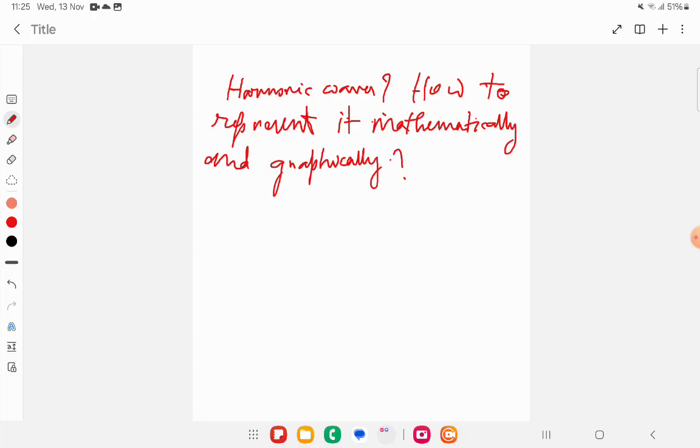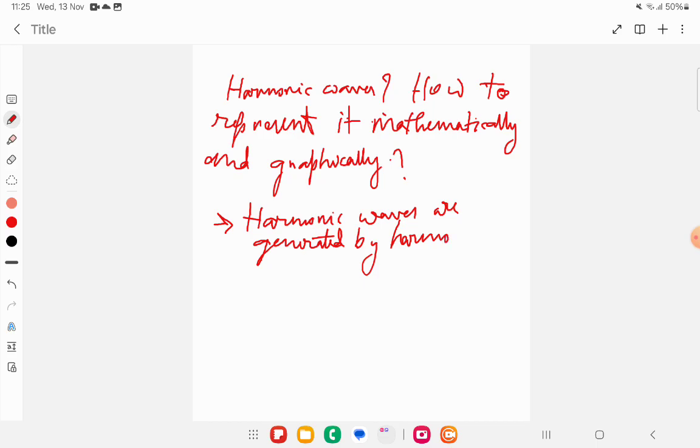Harmonic waves are generated by harmonic oscillators.